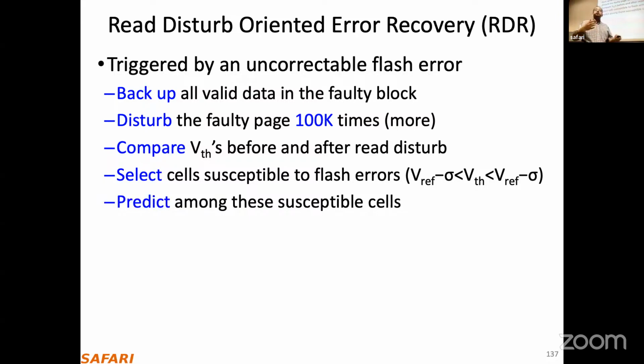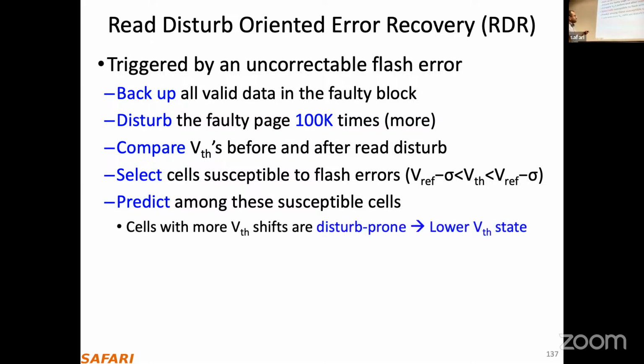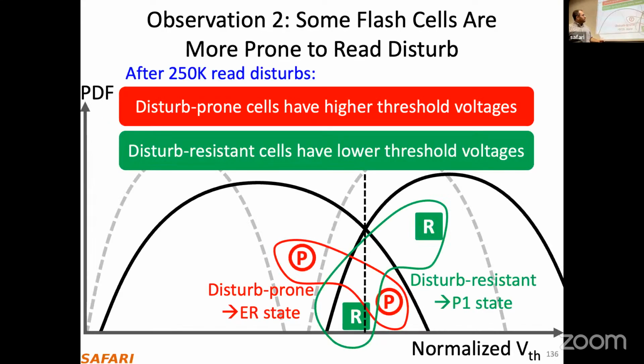We do this to select cells that are susceptible to flash errors. So basically we want to understand which are the disturb-resistant and disturb-prone cells. We do this analysis and we predict them. And once you know it, cells with more threshold voltage shift are disturb prone, and we need to consider them in a lower threshold voltage state.